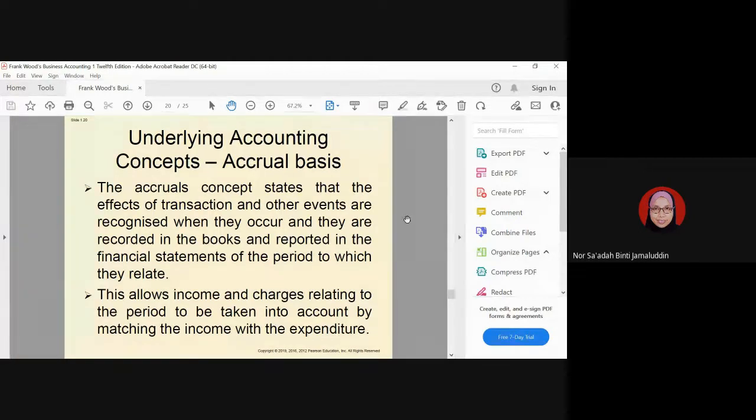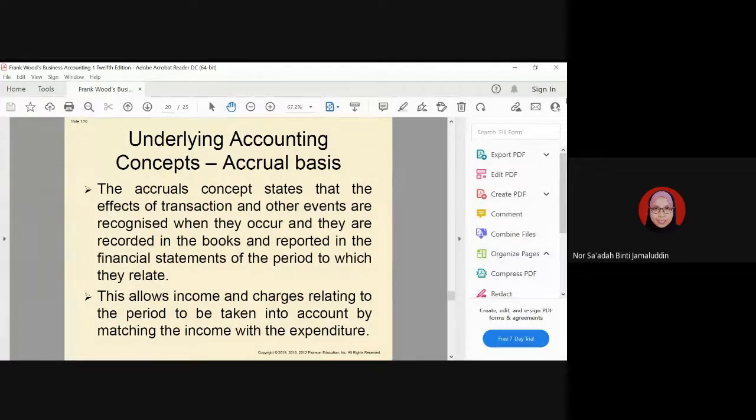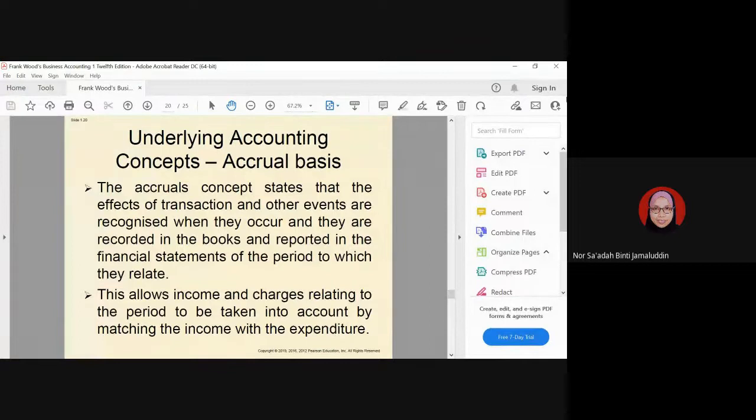But the payment by Ahmad for buying our gloves must be recorded monthly, at 100 ringgit. Let's say January: in January, you must record the 100 ringgit to match your income, as you receive money from Ahmad. So that is the accrual basis concept.